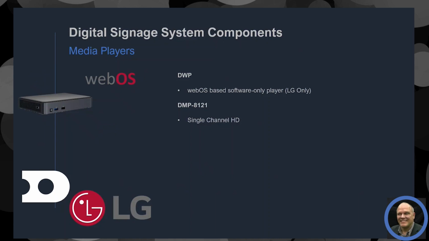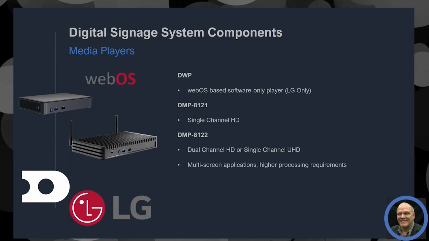The external media player would connect to the display and be mounted directly to the mount or to the wall behind the TV. You've perhaps seen these digital signage installs where a very small form factor media player is mounted behind the screen and drives the content, interfacing with VCS for the scheduling of that content.